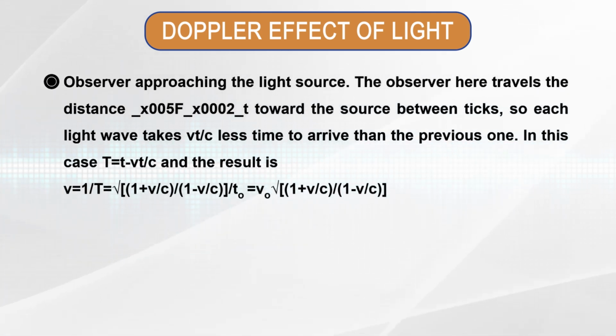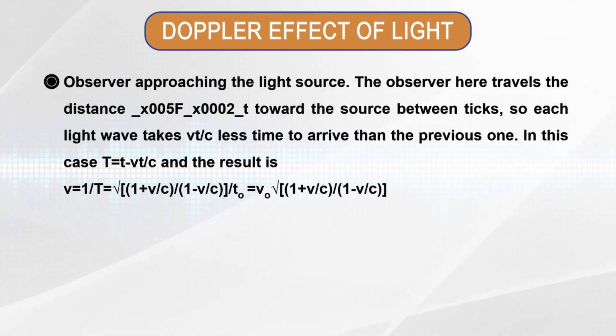The third case is when the observer is approaching the light source, which means the observer is moving toward the light source. The observer travels a distance vt toward the source between ticks, so each light wave takes vt by c less time. When the observer is at rest, the light takes time t to reach the observer, and if the observer is moving toward the light source, it takes less time, because the observer is moving toward it.